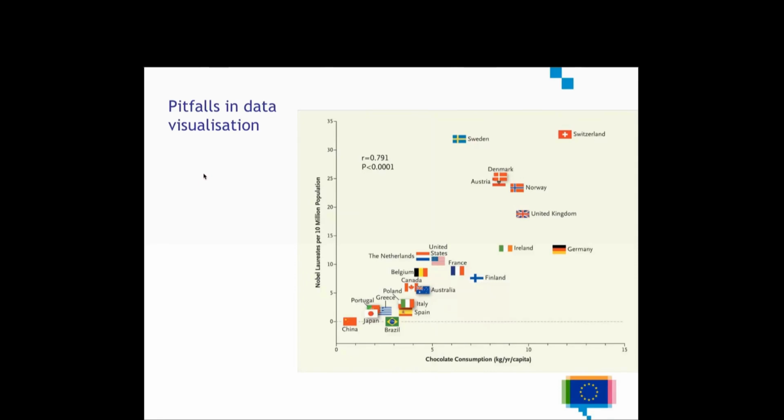So those are the richer countries, and they also eat a lot of chocolate because of this. So whenever you use scatter plots, be careful to not suggest causation when there is only correlation. So correlation is not causation. Whenever there is correlation, this does not necessarily mean that one of the variables shown is causing the other.